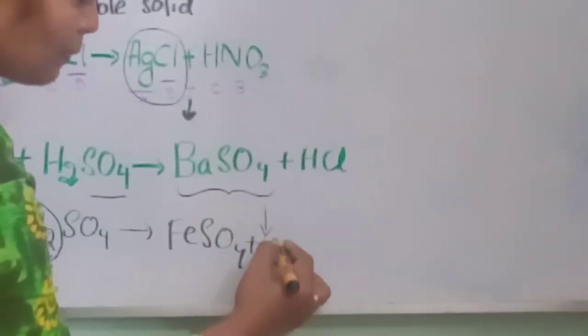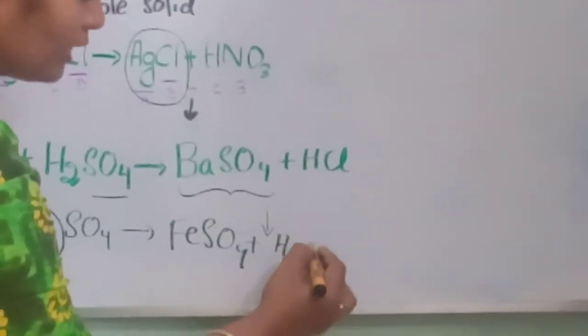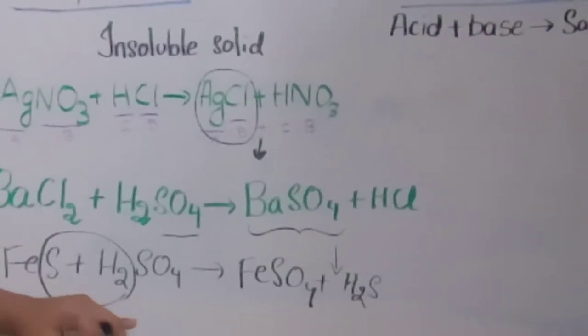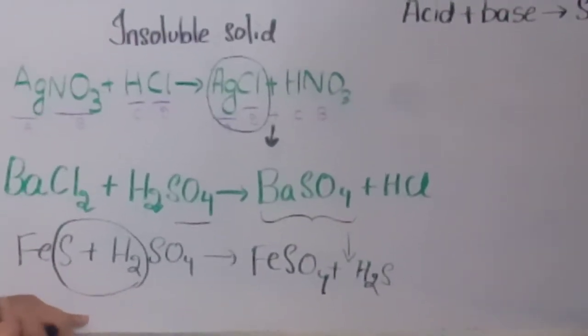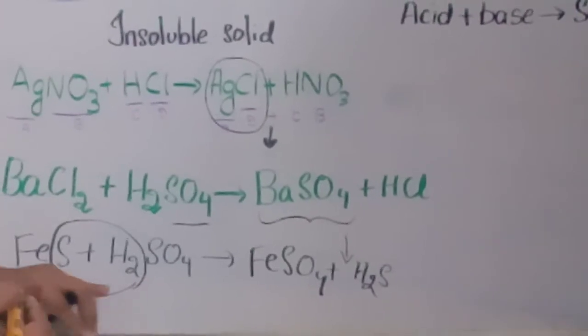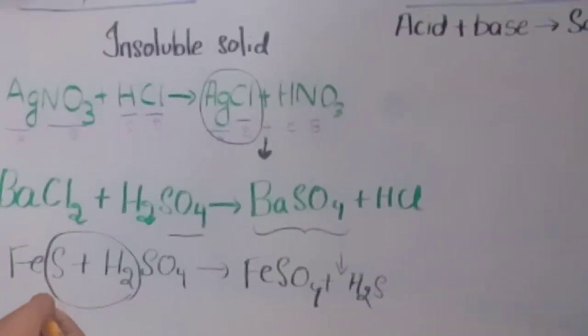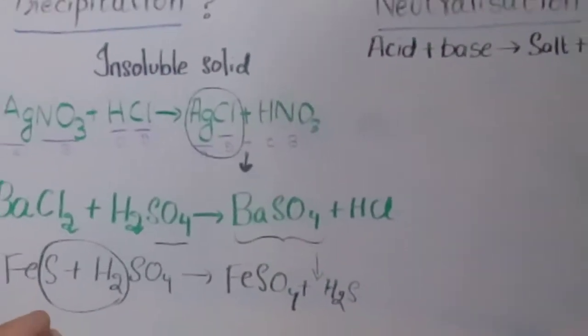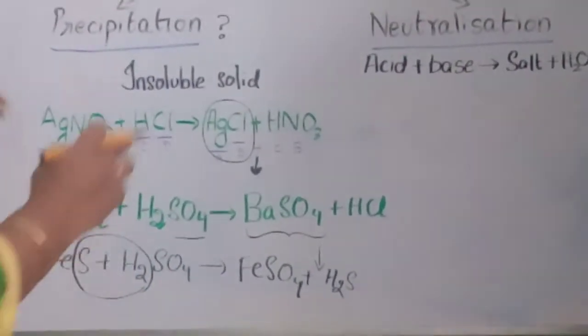So this type of reaction is also called as precipitation reaction. In the formation of hydrogen sulfide, which is a rotten smelling gas, the type of reaction is double decomposition reaction where there is an exchange of ions taking place mutually.